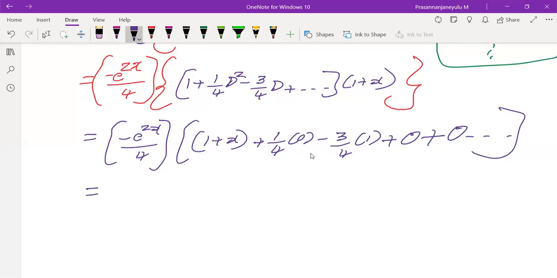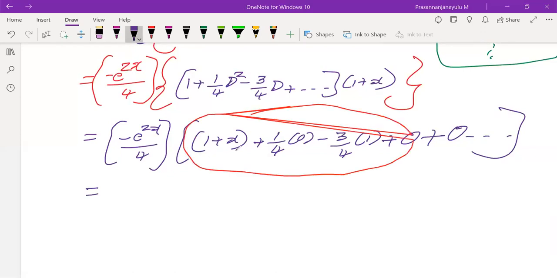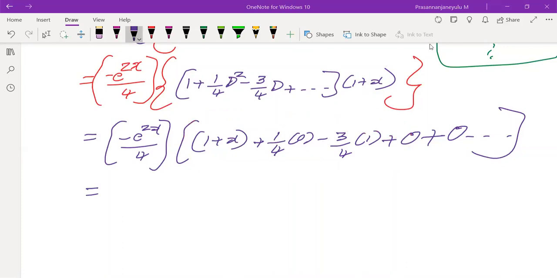Now finally, if we do the simplification of this, what we are going to get? Tell me. 1 plus x minus 3 by 4. So writing minus e power 2x by 4 into 1 plus x minus 3 by 4.